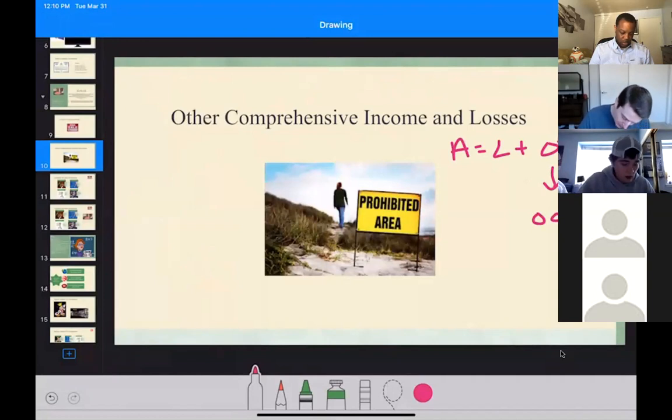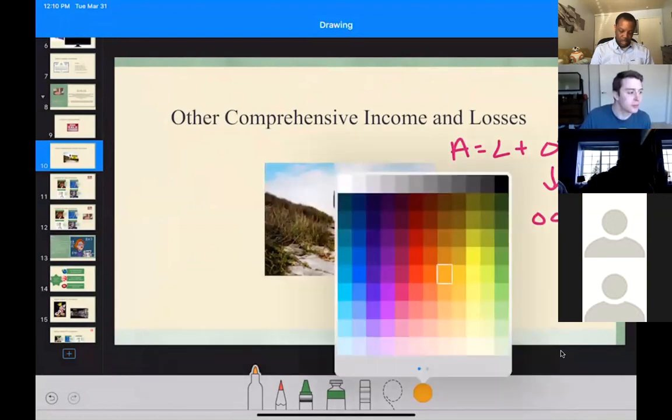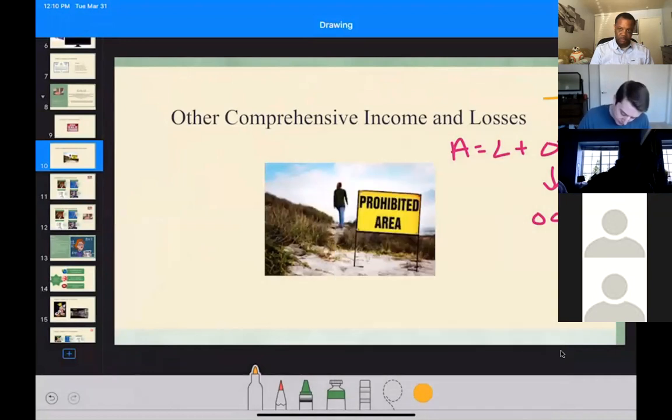We normally increase equity with the credit. So for OCI, if it's other income, it's going to be a credit. If it's other loss, unrealized loss, it's going to be a debit. Thank you. Here's what's going on.